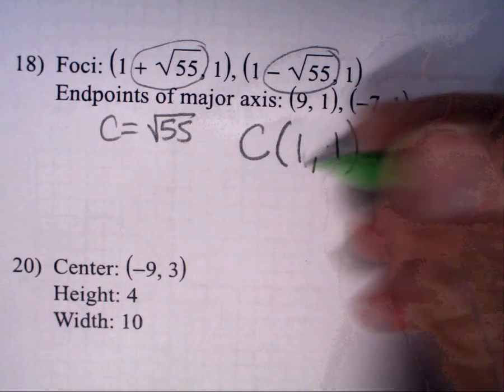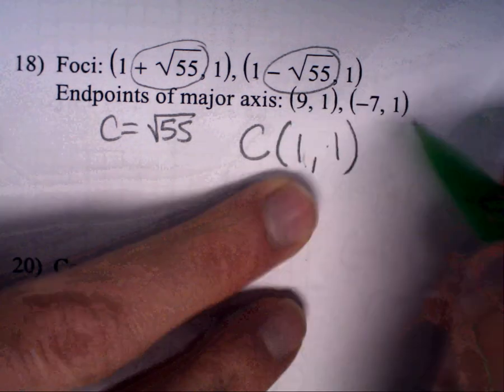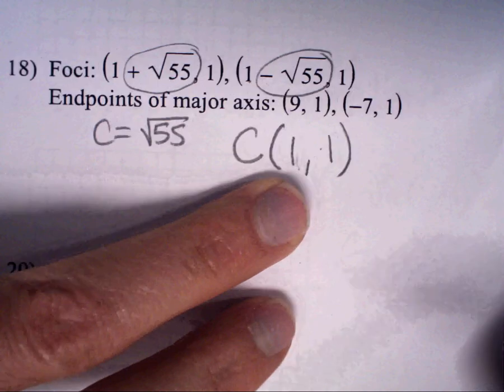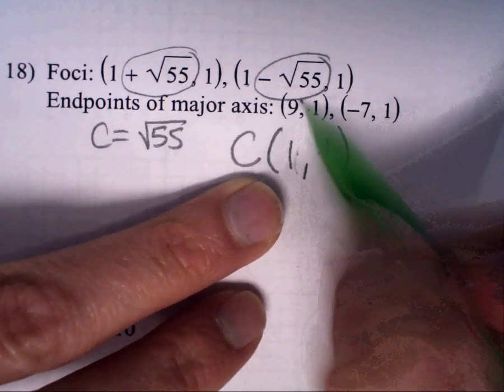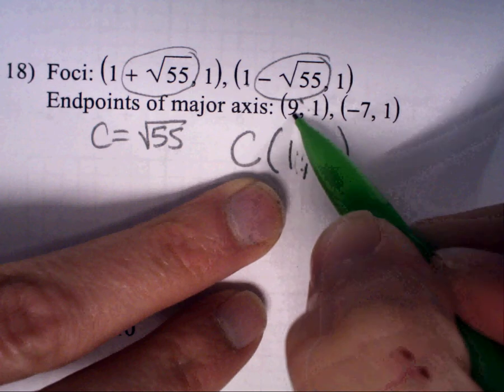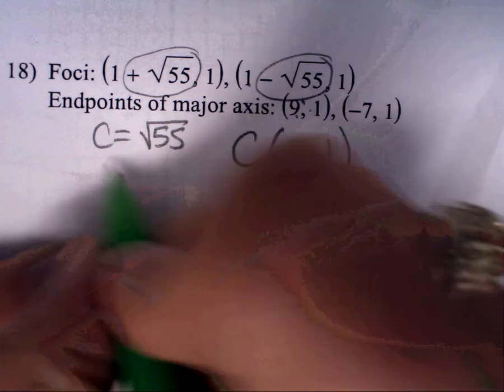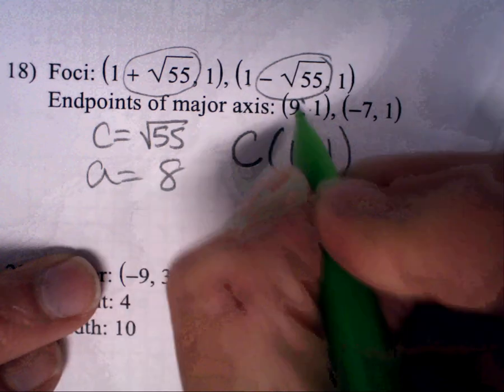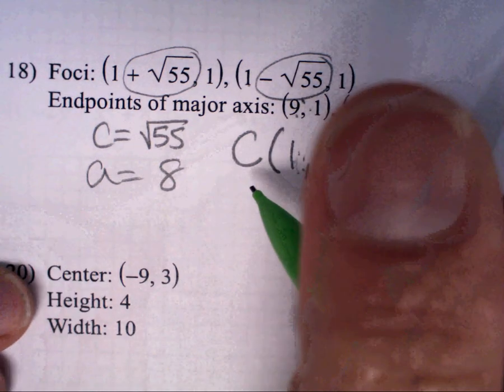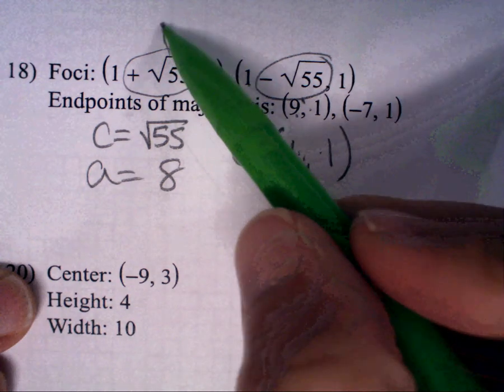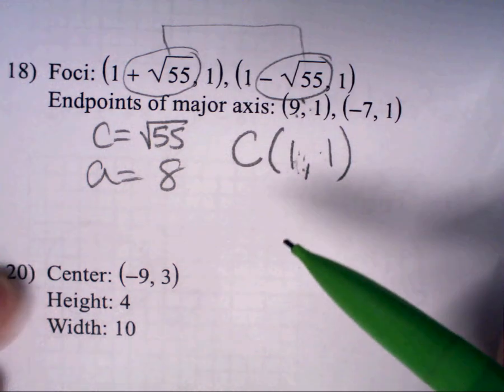Now, if I have my center and some endpoints on the major axis, then I know what my a is, because the distance from the center to one of the points should be my a. So my a will be 8, because this one is at 9 and that one's at 1. I also know my major axis is along the x direction, because that's where my foci are.